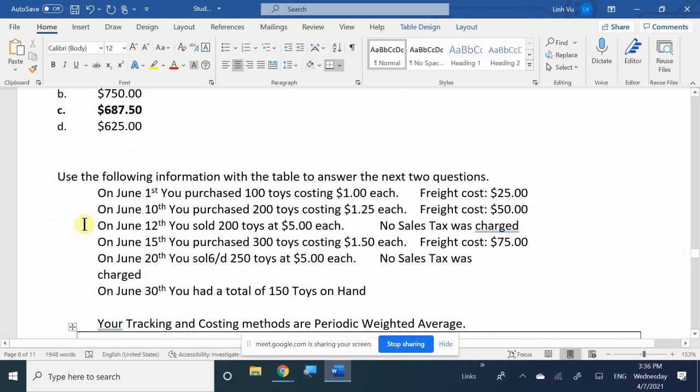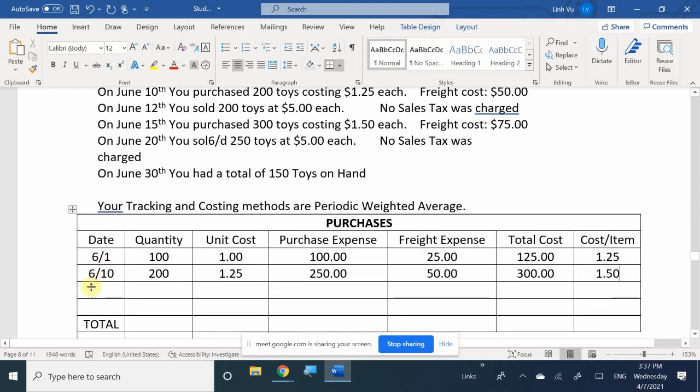So this is the same exact scenario, except a different costing method. So we'll just go ahead and proceed to the next one. June 15, what did you do? Purchased 300 toys at $1.50 each. So your purchase expense was $450. Add $75 for freight. The total cost is $525. Cost per item is $1.75.